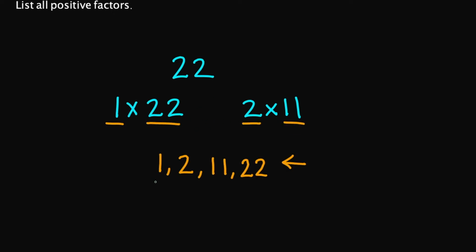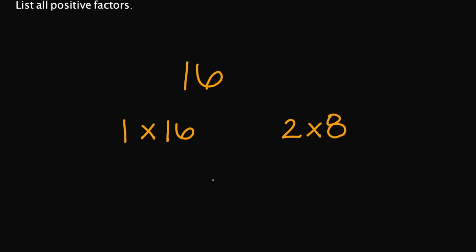And guys, when you are listing your positive factors, make sure you write it out like this here. Okay, let's try 16. 1 times 16 will give me 16. We have 2 times 8, and we also have 4 times 4.